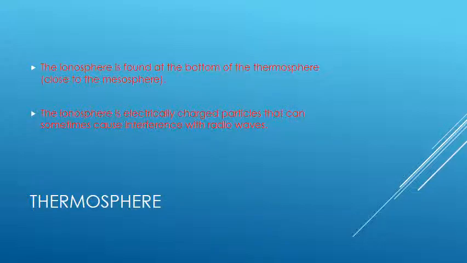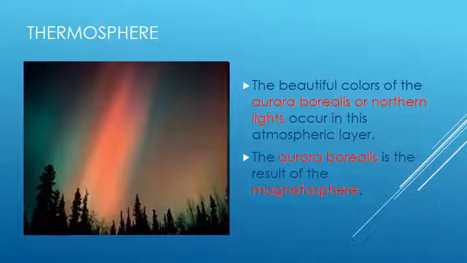Thermosphere is where you find the ionosphere. The ionosphere is found towards the bottom of the thermosphere, pretty close to that mesosphere. And this ionosphere contains electrically charged particles that sometimes can interfere with our radio waves. So the thermosphere is where you would also find the aurora borealis, or the northern lights.